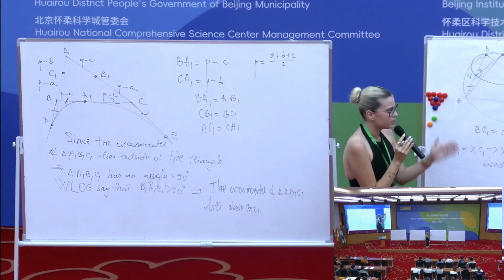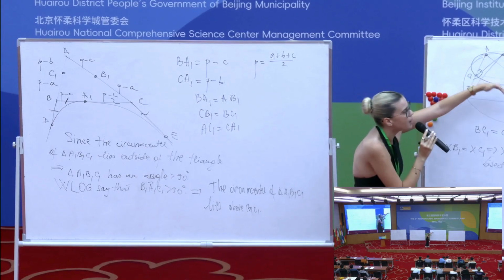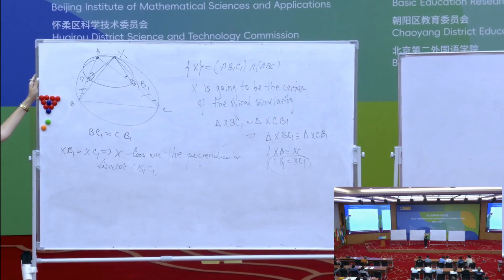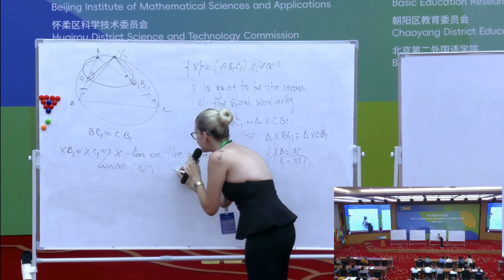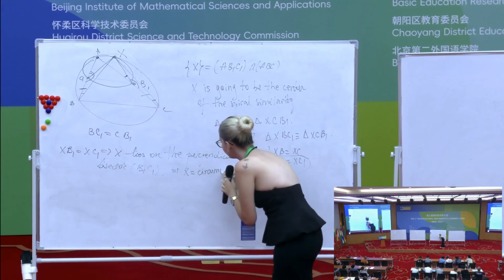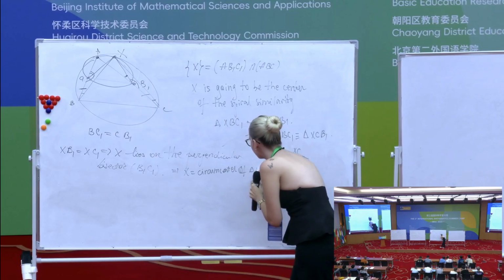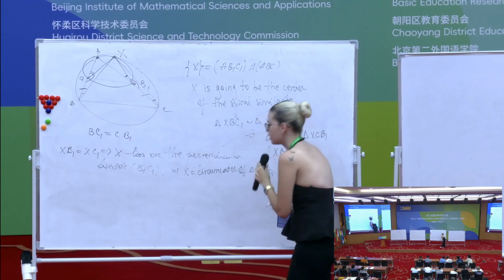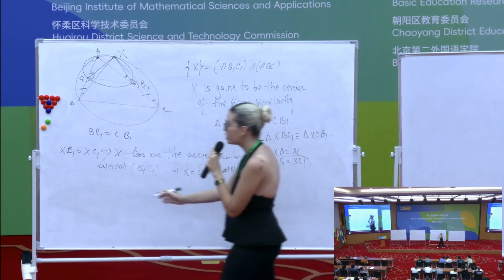So now look at this point X. This point X is the point situated above the line B1C1 that lies on the perpendicular bisector of the segment. So we actually obtain that X is the circumcenter of the triangle A1, B1, C1.